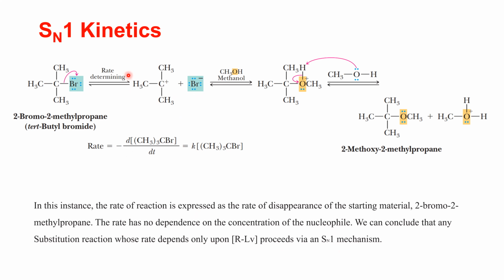What the scientists have found during the experimental studies of these kinetics is that the rate of reaction basically depends on the disappearance of this haloalkane into an intermediate, the carbocation.